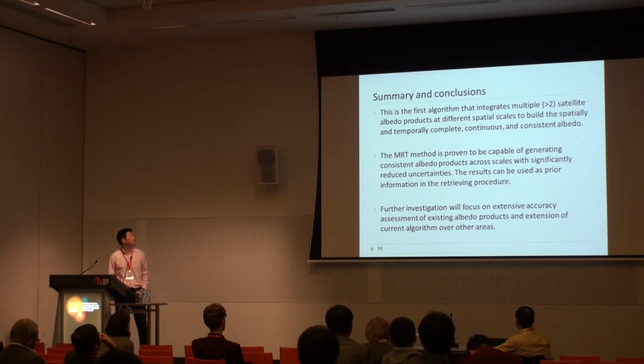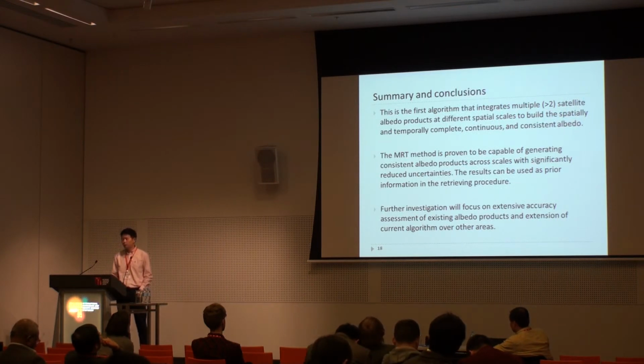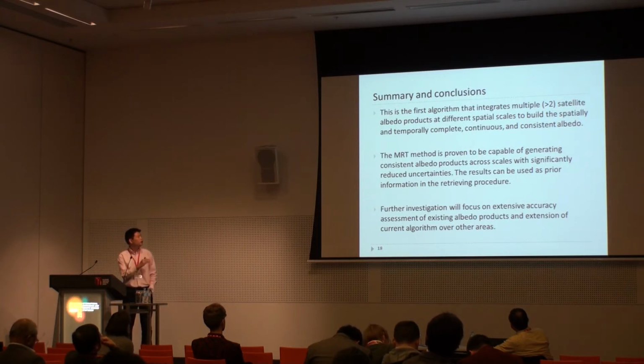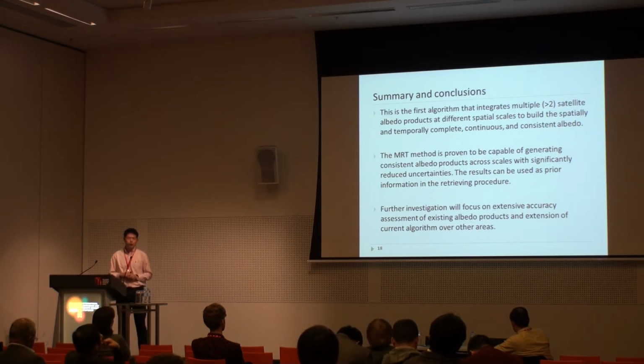To summarize this presentation, this is the first algorithm to our best knowledge that integrates multiple, at least 3, satellite albedo products at different spatial scales to build more accurate albedo products. And the MRT method is proven to be very capable of generating accurate albedo products, and it's very time efficient.